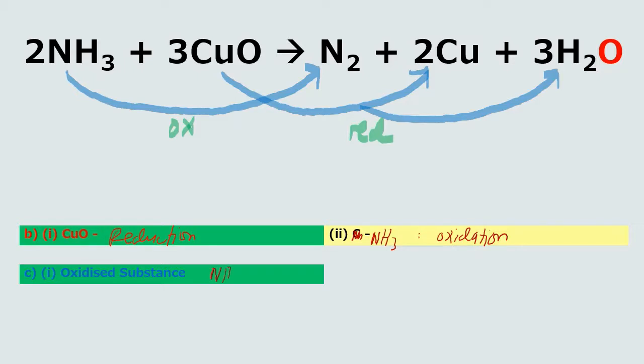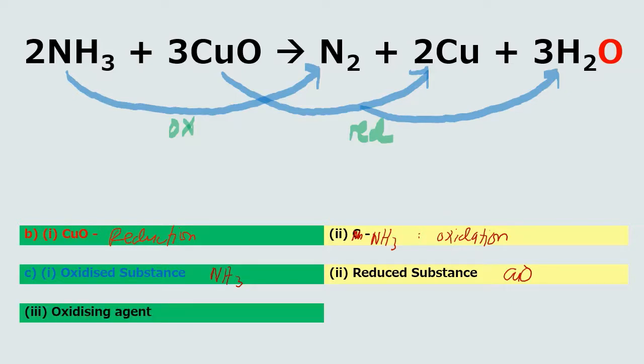Ammonia is oxidized, while copper oxide is reduced. From these two substances, which one is the oxidizing agent? Copper oxide is the oxidizing agent, while ammonia is the reducing agent.